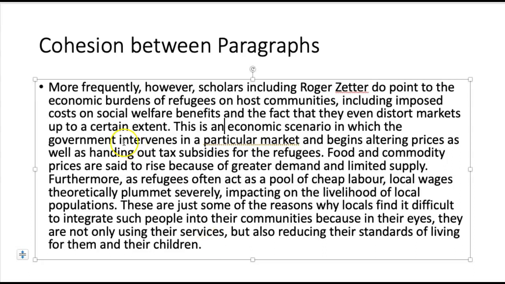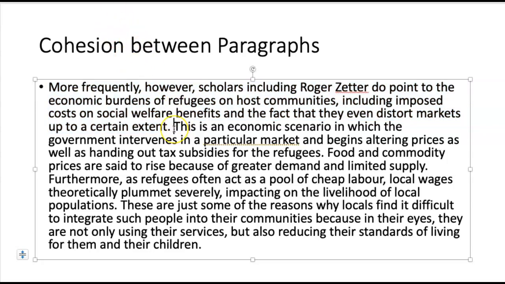Okay, so let's have a quick look at this paragraph here. She begins, "More frequently, however, scholars, including Richard Zetter, do point to the economic burdens of refugees on communities, including imposed costs and social welfare, and the fact that they even distort markets to a certain extent."